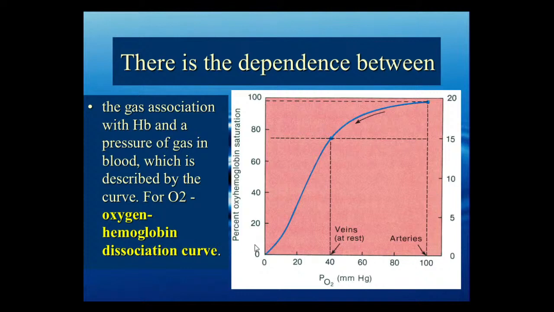And this part of this curve, it's processes which occur in tissues where partial tension of oxygen is low, and due to that we have in lungs the highest percent, 98%, I remind you, of oxyhemoglobin creation, and the dissociation of this complex during transportation of oxygen to tissues where partial tension of oxygen decreases, occurs easily due to that.